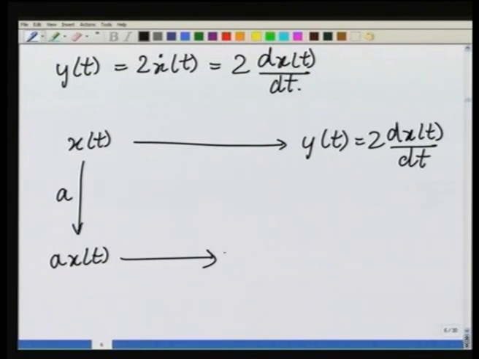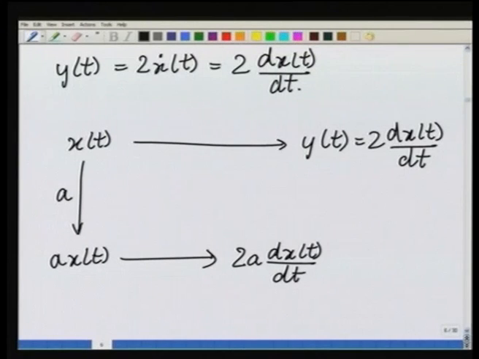If a times x(t) is applied to the system and the system is a straightforward differentiator, then we know that the output will be 2a dx(t)/dt. This is what we get by coming through this path of applying the linear operation first and then the system.